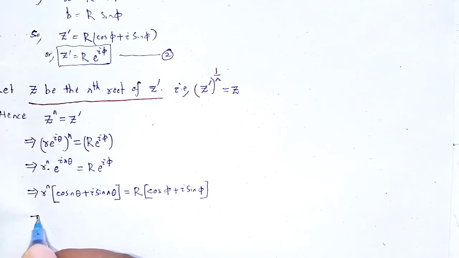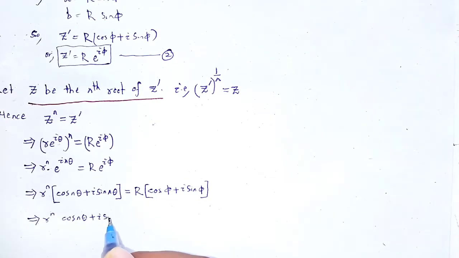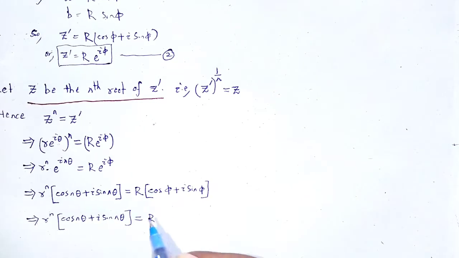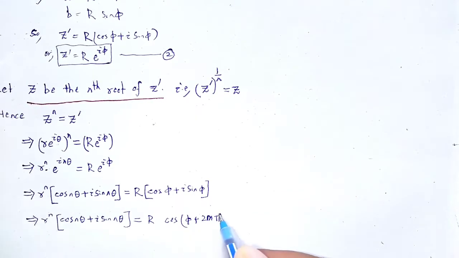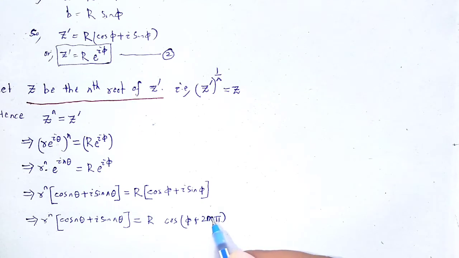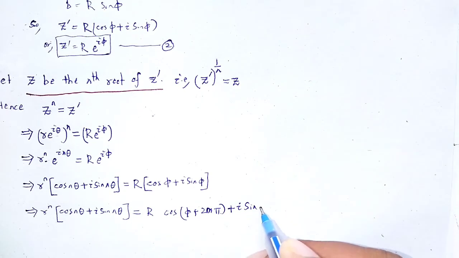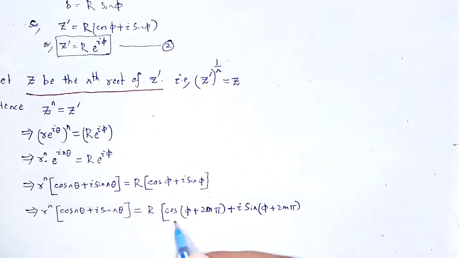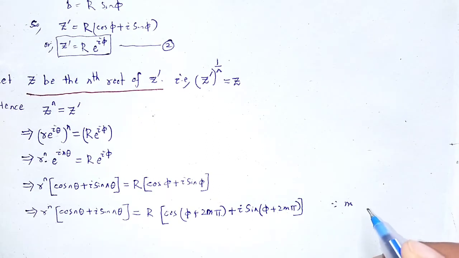Now r to the power n into cos n theta plus i sin n theta is equal to capital R, here cos of phi plus 2m pi, there will be no such change as it is the addition of 2 pi, plus i sin of phi plus 2m pi. Here m is any integer.